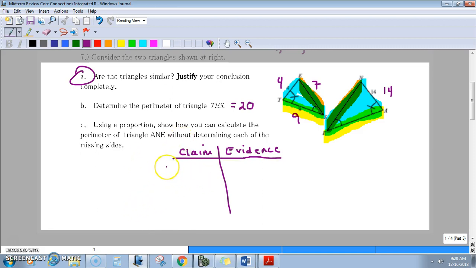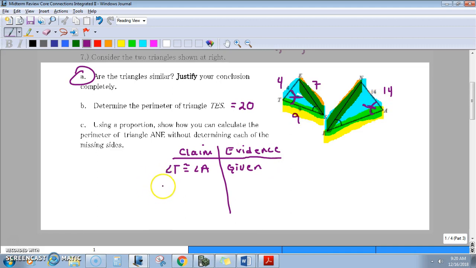Okay, claims and evidence. So what are some things I know? I know that angle T is congruent to angle A because that is given. My evidence is that it's given in the problem. It tells me that, right? T has that one, A has this one.